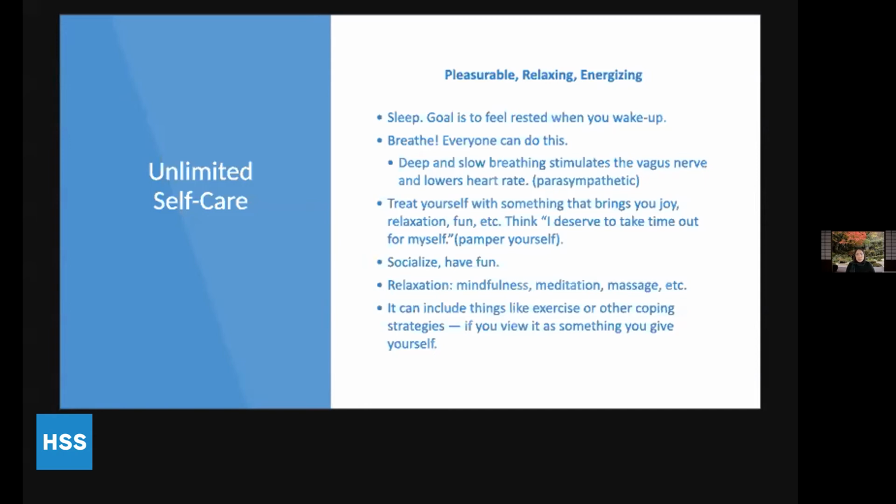Slow breathing stimulates the vagus nerve, which is part of our parasympathetic nervous system that regulates the body in a relaxed mode, as opposed to the fight or flight mode. Think of breathing as inhaling and inviting in a sense of calm, and slowly exhaling, removing the stress and tension.